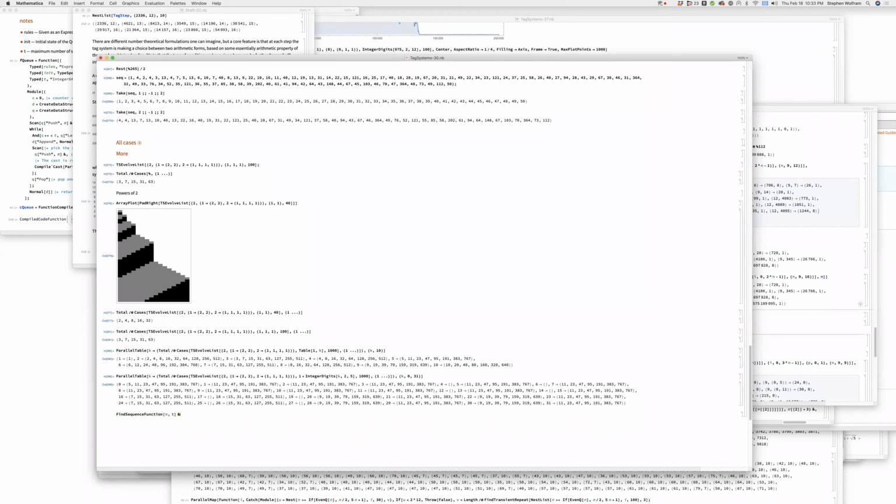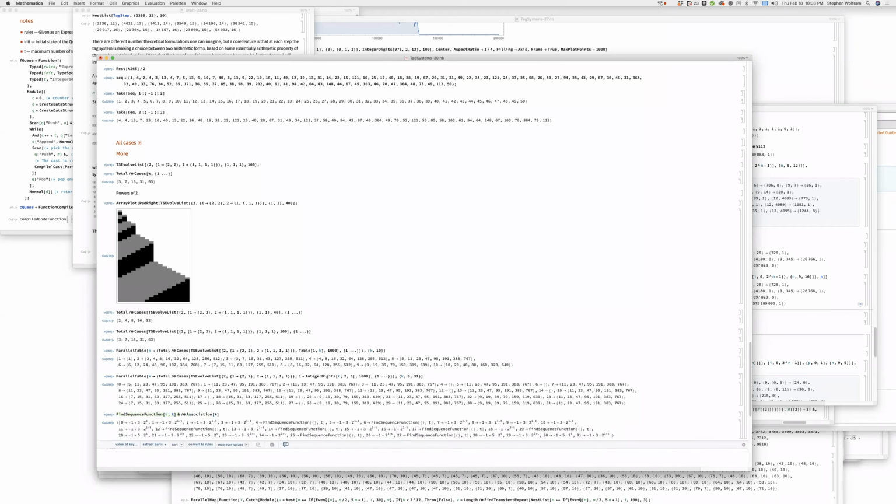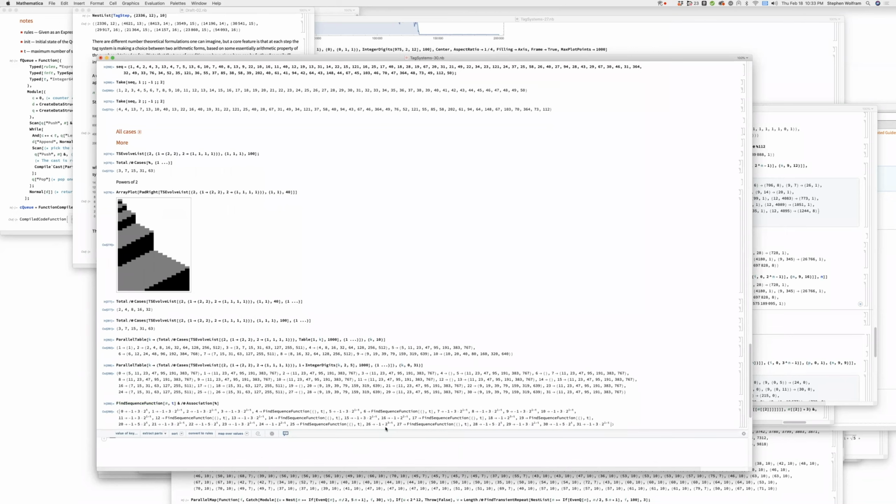You've got blanks for 4, 6, 12, and 14, though. Yes. Okay, so find sequence function here is giving... To what extent is this the binary decomposition of the numbers? That's my question. I think it's related to that. Yes, I believe so. You're right. But let's figure out, okay.